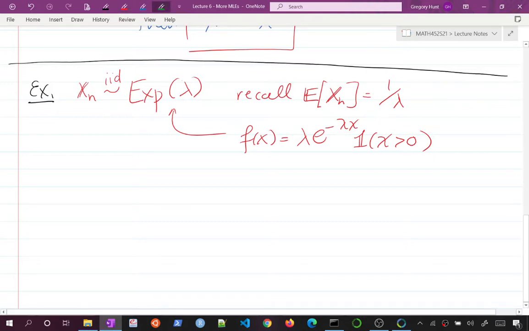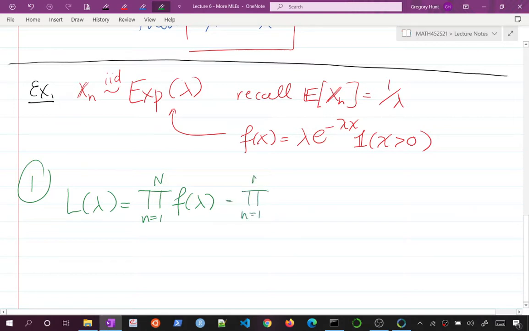So how do I solve this problem? Step 1, form the likelihood function, which is the product of the marginals. Now I'm just being real quick and real lazy. In that case, what are my marginals? Lambda e to the negative lambda x sub n. You could write this indicator in here.